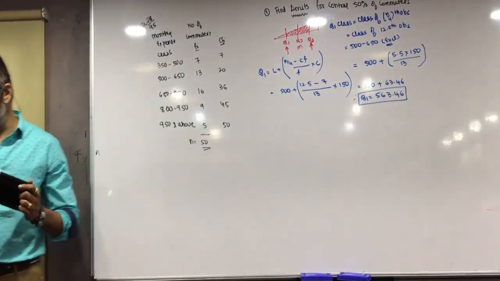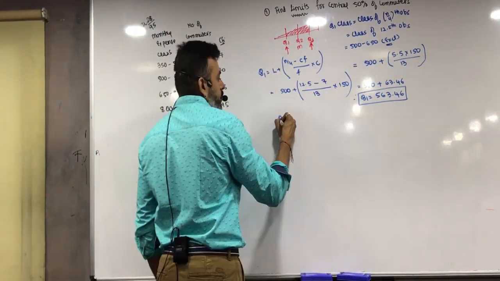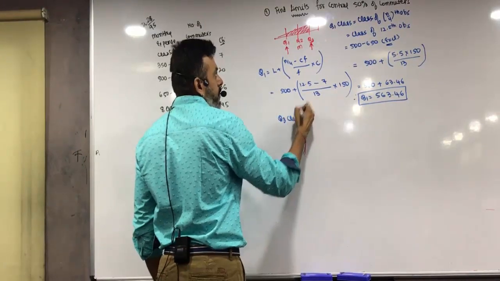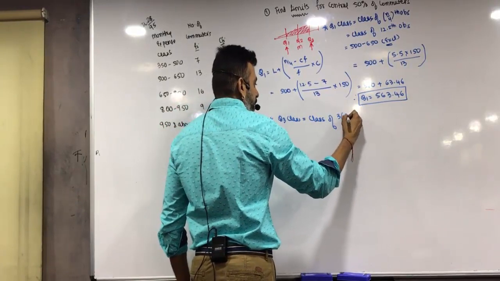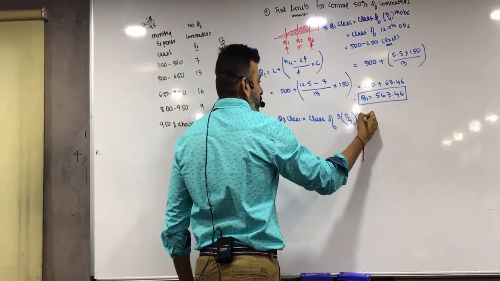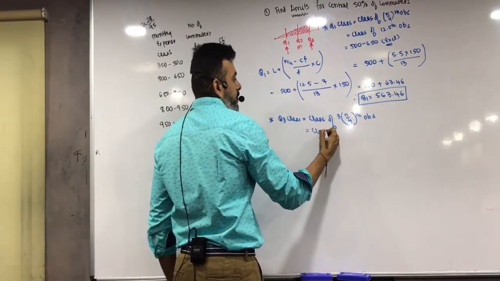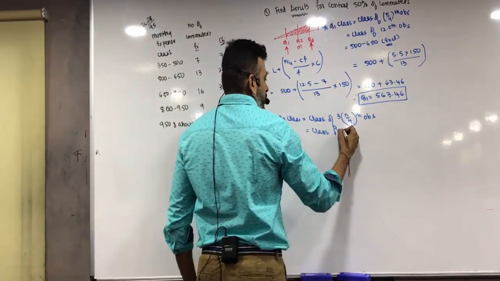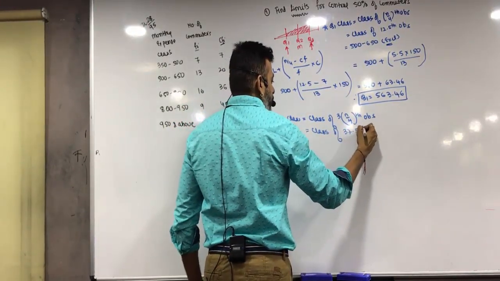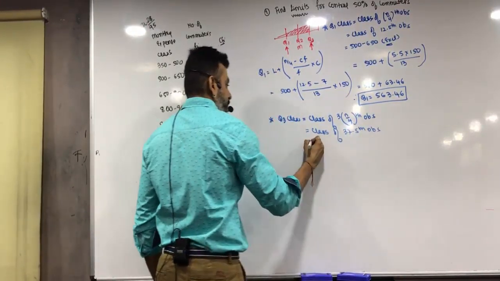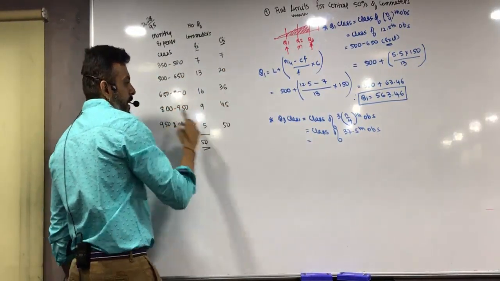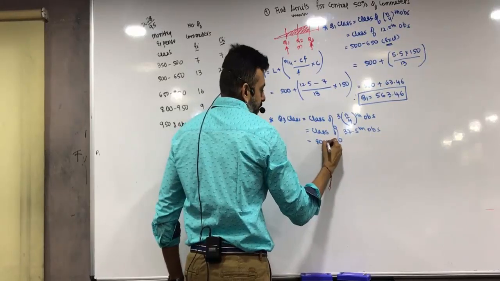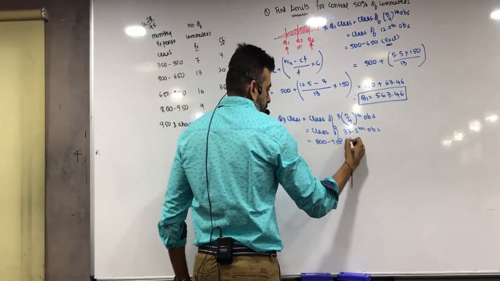Now we have to find Q3. Q3 class is equal to class of 3n by 4th observation, which is the 37.5th observation. 37.5th is over here, 800 to 950, exclusive.